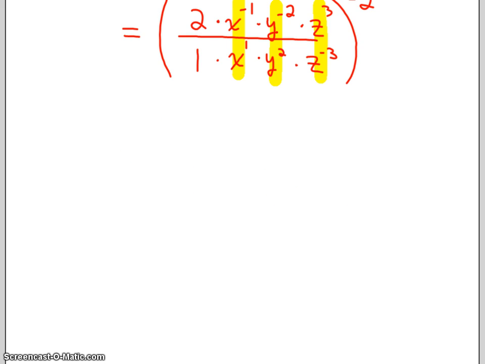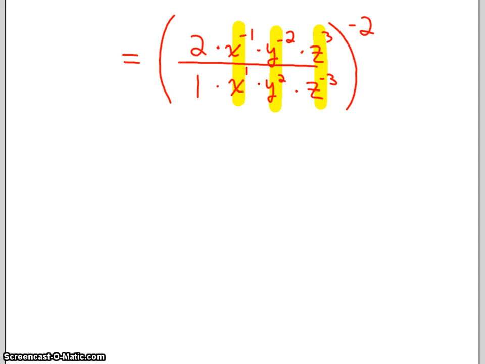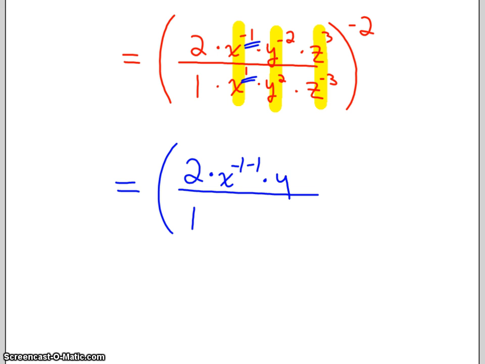So let's rewrite it again and see what happens. So now I'll write an equivalent statement here. Still the parentheses, still the division bar. We still have this 2 over 1. Now, our x's become negative 1 minus 1. Our y's become negative 2 minus 2.